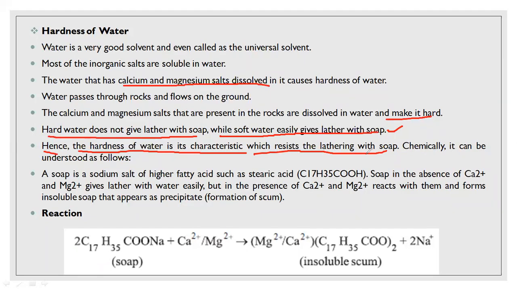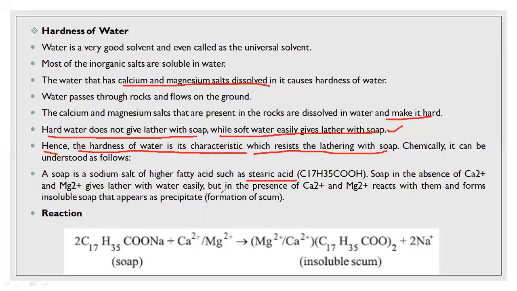Chemically, it can be understood as follows. A soap is a sodium salt of higher fatty acid, such as stearic acid, C17H35COOH. Soap, in the absence of calcium or magnesium ions, gives lather with water easily.